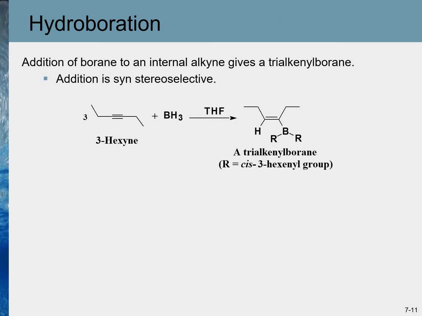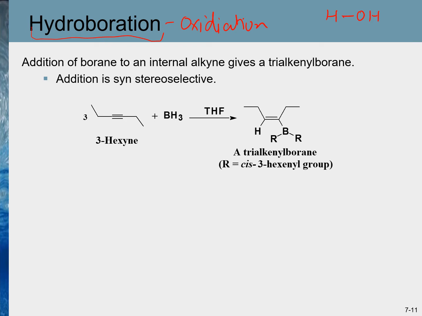Hydroboration followed by oxidation is another method in which water gets added to the carbon-carbon triple bond. This kind of reaction has two steps. In the first step, hydroboration takes place, and in the second step, we conduct oxidation with hydrogen peroxide to get the hydrated product.